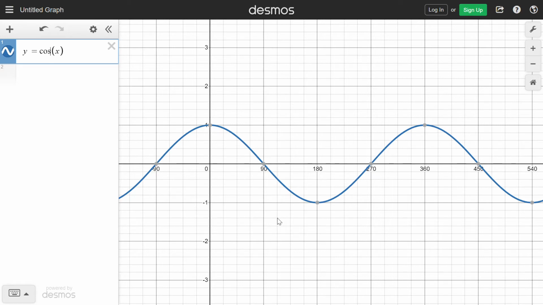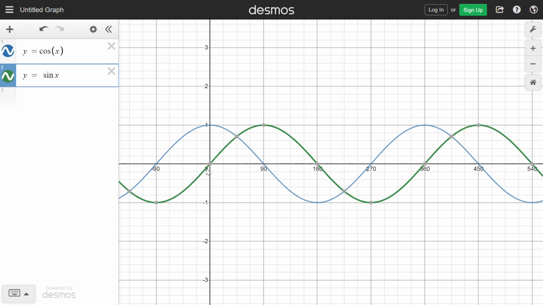Cos x looks pretty similar to sine x at first glance, but notice where sine x started at 0, 0, sine's now the green, cos starts at 0, 1. But apart from that, the graph is absolutely parallel the whole way along.